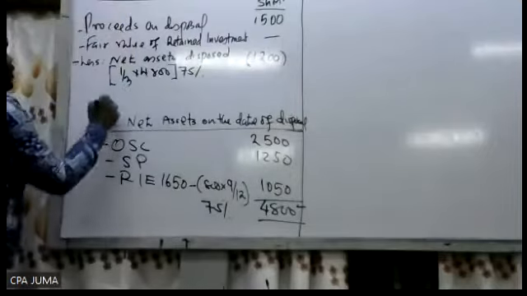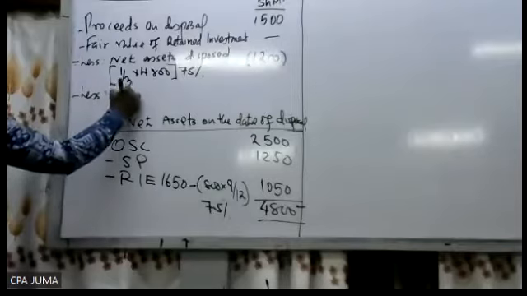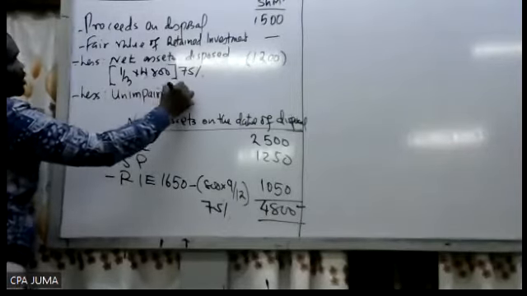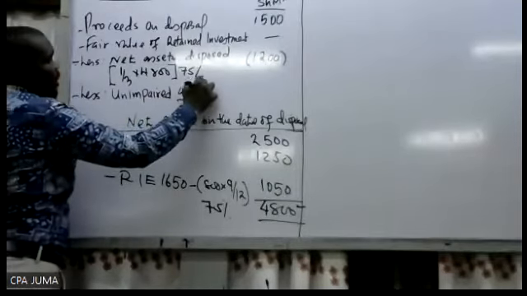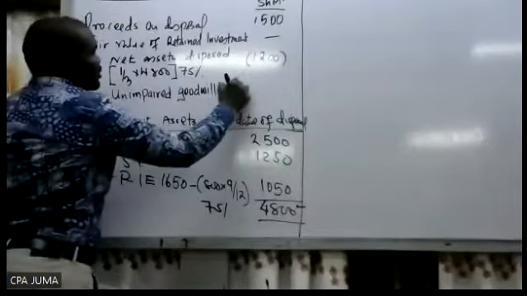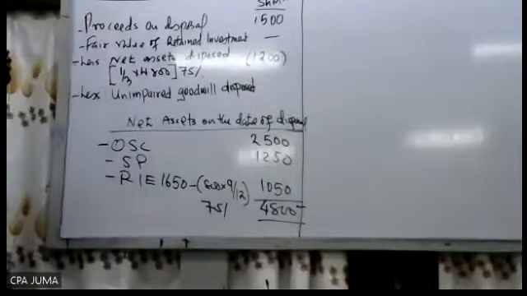Then last, check for the unimpaired. So less unimpaired goodwill. Disposed. So nobody was willing to give us goodwill.